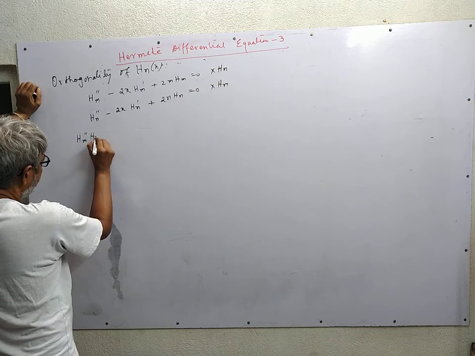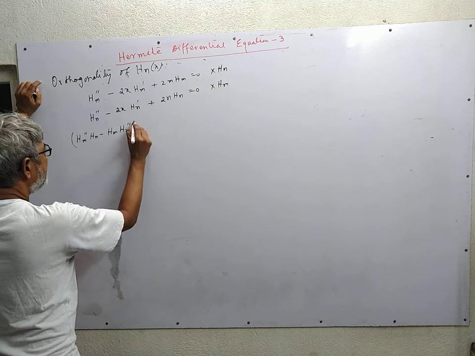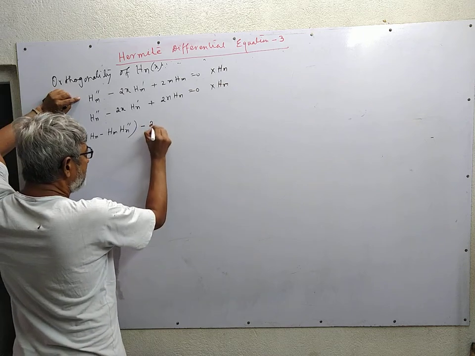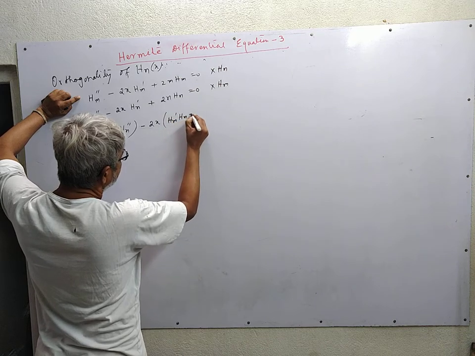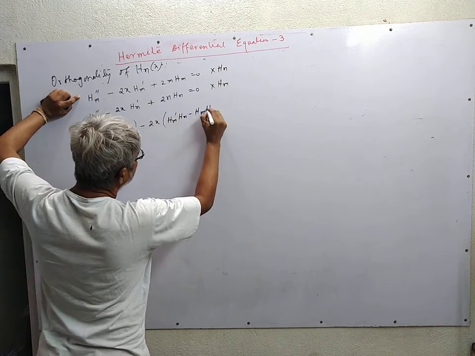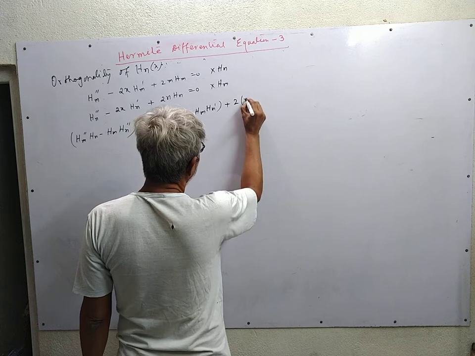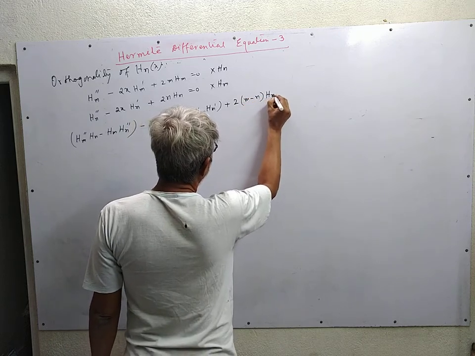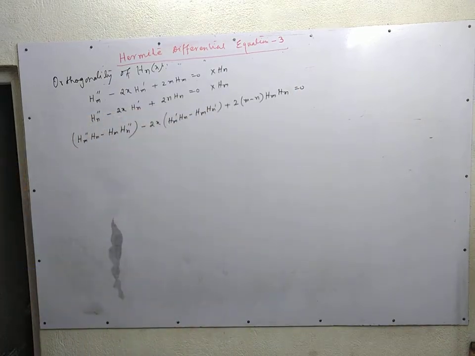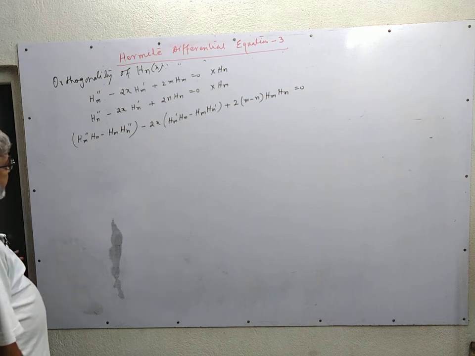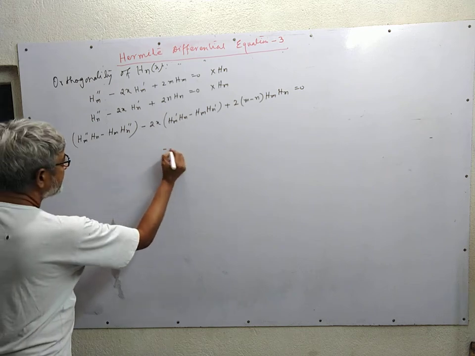Hm double prime Hn minus Hn double prime Hm. This is from the first term. Minus twice x, Hm prime Hn minus Hn prime Hm. In the case of Legendre polynomials, there was a factor 1 minus x square and there was a factor 2x.